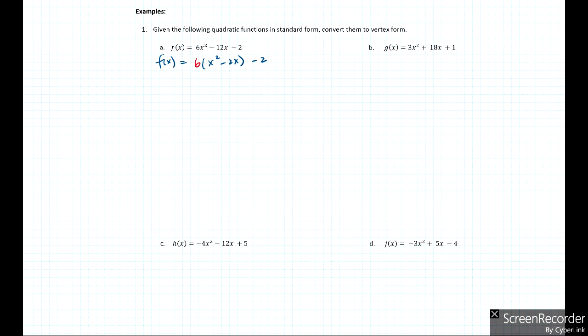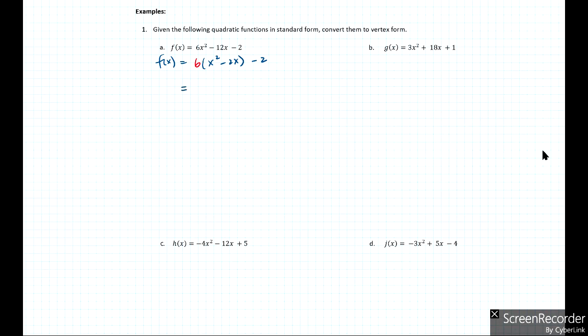And now to complete the square, we're just focusing on the part of x squared minus 2x. And the process is identical to what we did before when we were working with completing the square to find x-intercepts or solving for an equation. So we're thinking about what I need to do in order to complete the square, or what this turns into in order to complete the square.